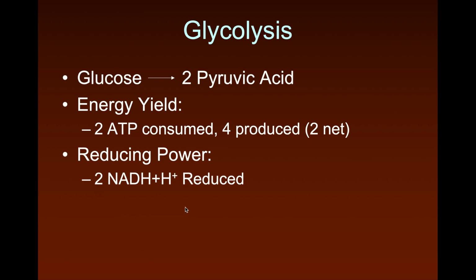There are reduced electron carriers generated in this process, specifically 2 NADH plus H+, which is the reduced form of NAD, if you recall, and we'll see downstream these guys have an end destination during respiration processes to donate those electrons and protons to the electron transport system.